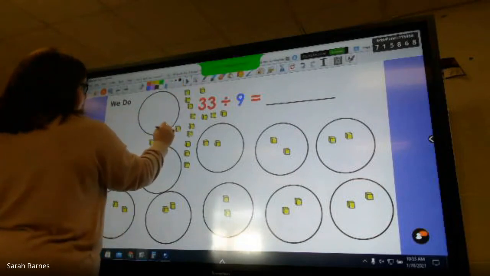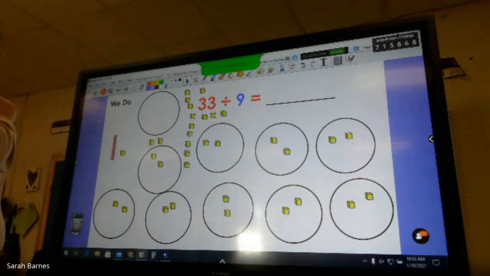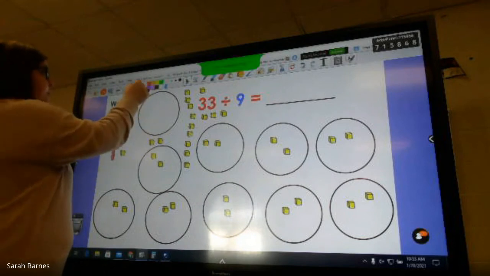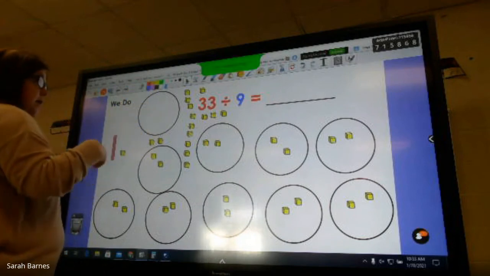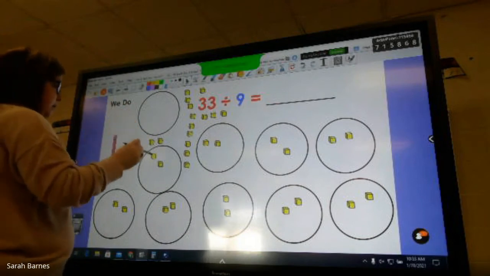I'm going to move this one over here so it doesn't confuse me because it's an extra. So I'm going to hold it right there. All right. So now I can put 1 in each circle, which would equal 9.